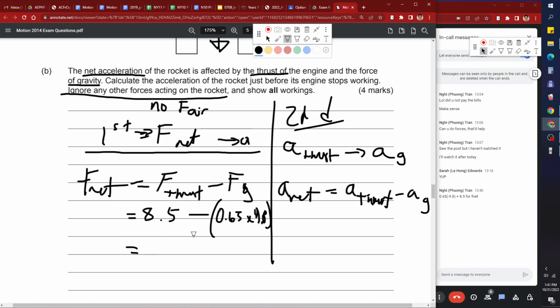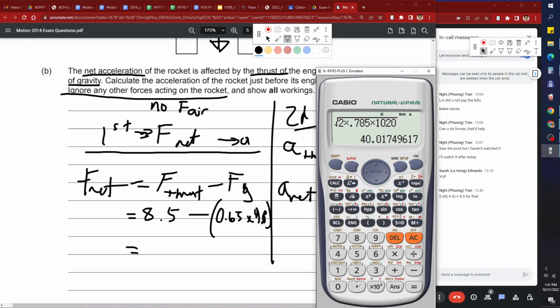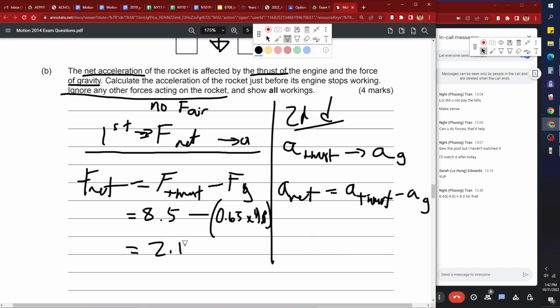Anyways, yeah, you can get that net force of, I don't know, what would that be? I have my calculator out already. So 8.5 minus, okay. So there's the net force. And now that we have the net force, that is going to give us the net acceleration.